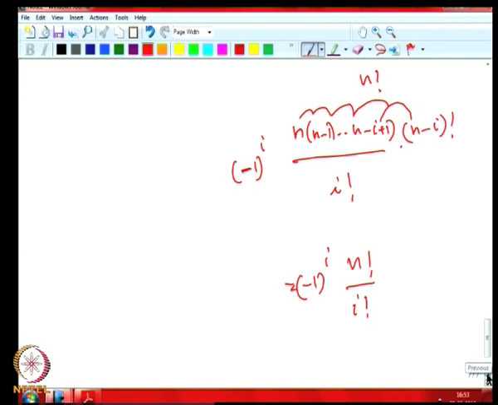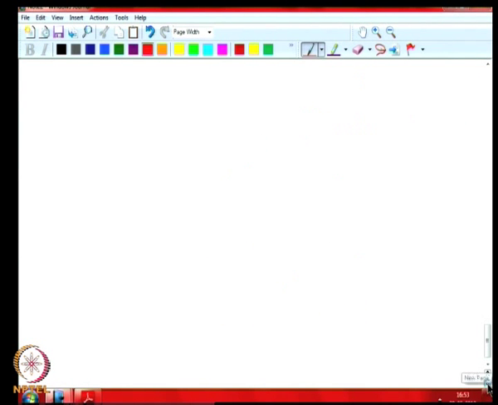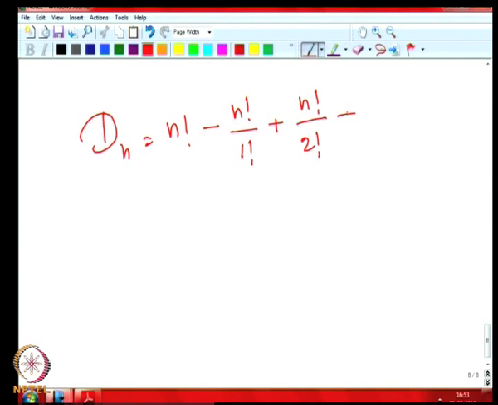So, what we see is this will simplify to dn is equal to n factorial minus n factorial by 1 factorial plus n factorial by 2 factorial minus n factorial by 3 factorial, and so on till minus 1 raised to n, n factorial by n factorial, right.